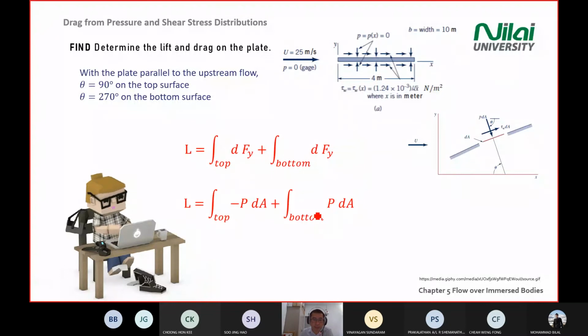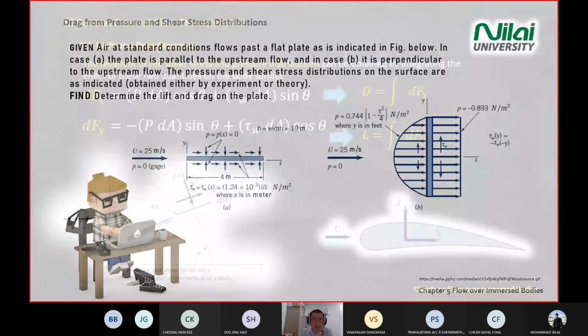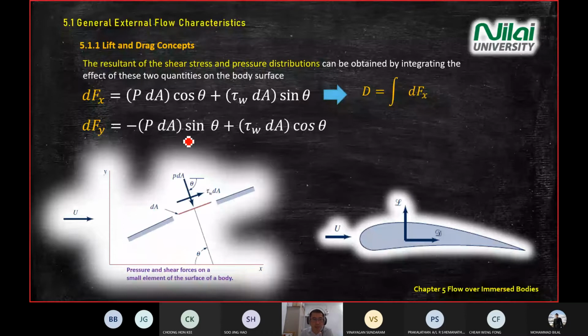The bottom is the same, because at the bottom the angle is 270 degree. You substitute 270 degree into your lift equation, which is this one.